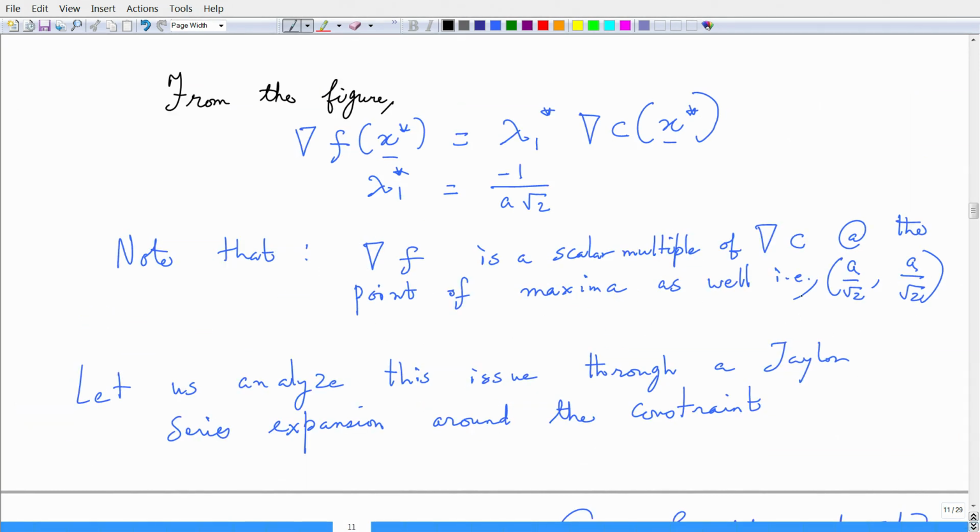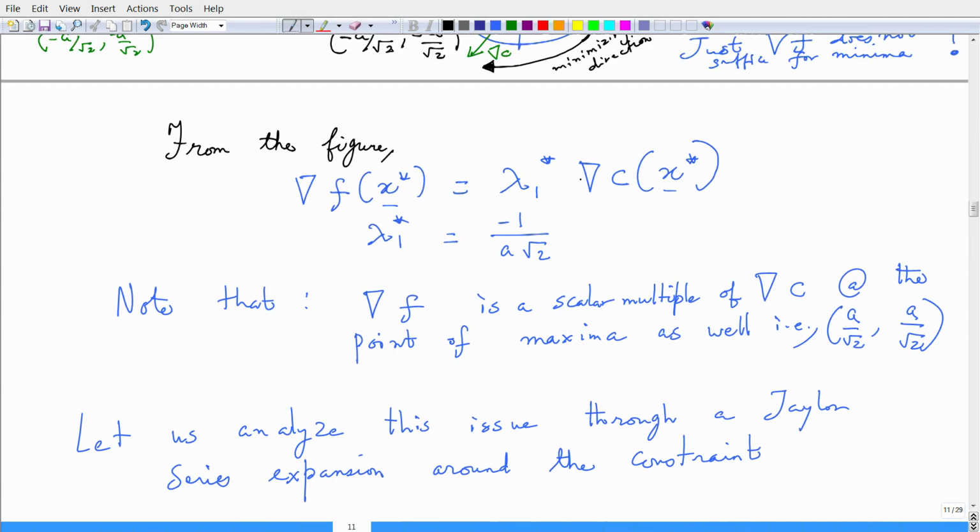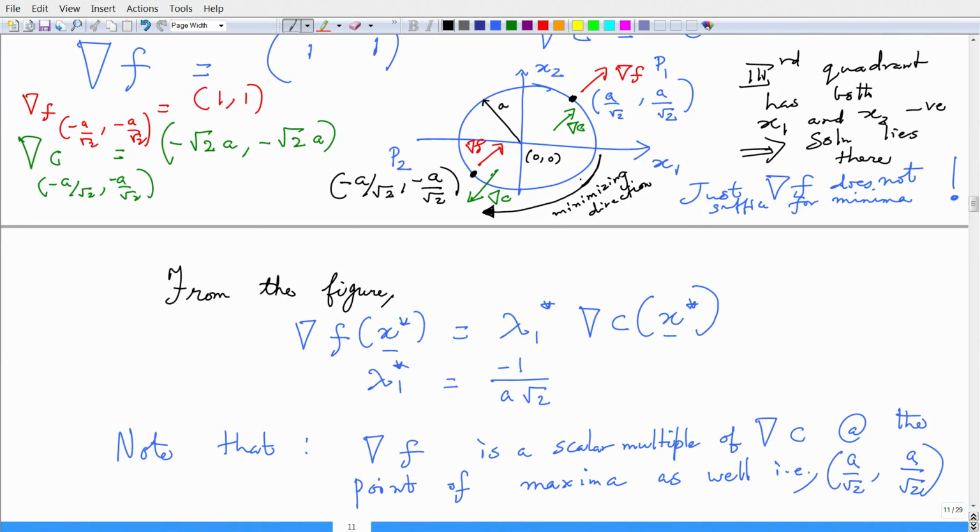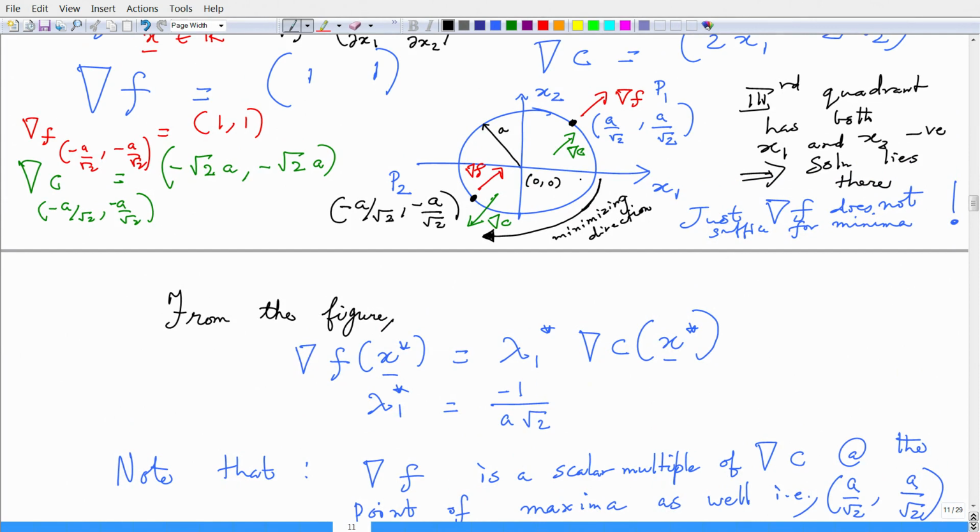Now, from the figure here, del f star is some scalar multiple of del c evaluated at x star, right. X star is my saddle point, and since I am at the minimum, lambda 1 star happens to be minus 1 upon a root 2.